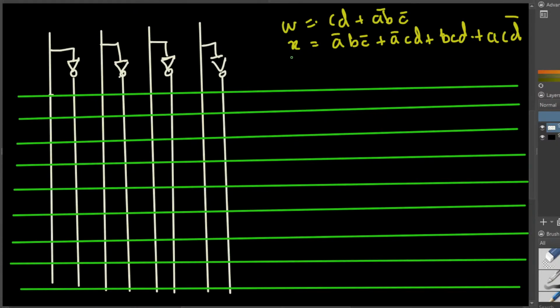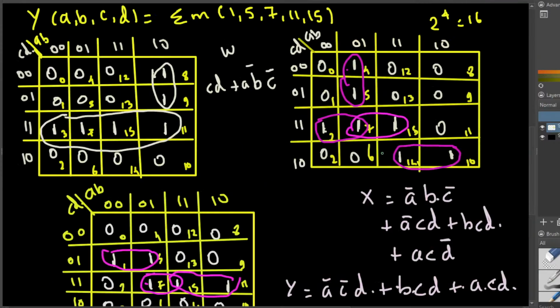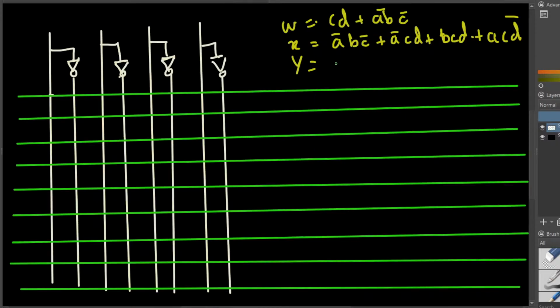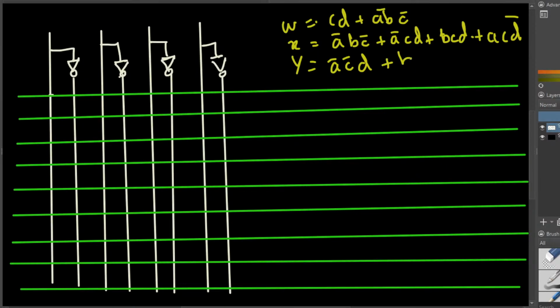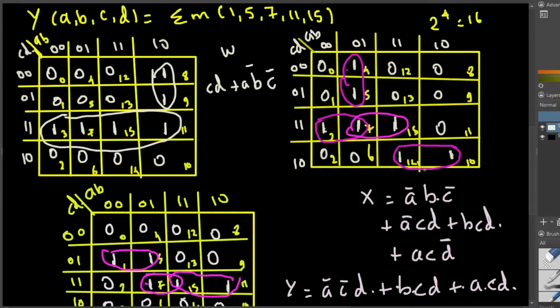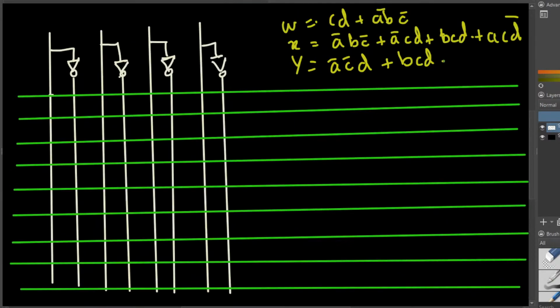That's the X expression. Now let's try the Y expression. A bar C bar D, and then we have BCD, and then we have ACD. Okay, these are the things we are going to deal with. Let's start from the W.